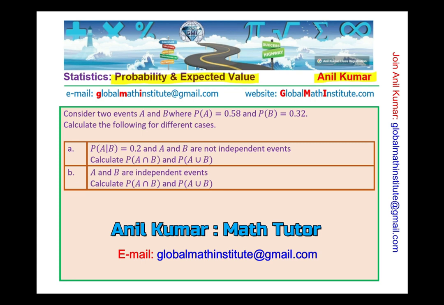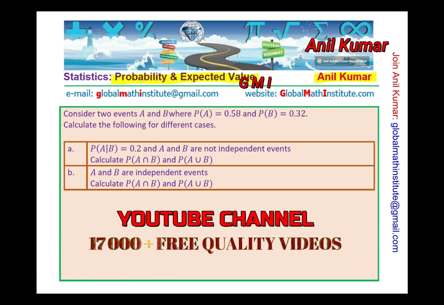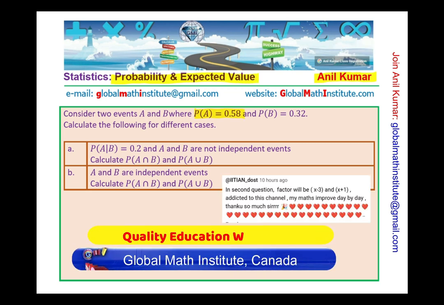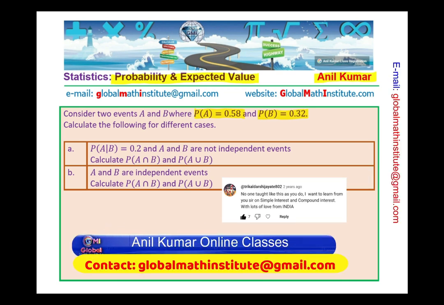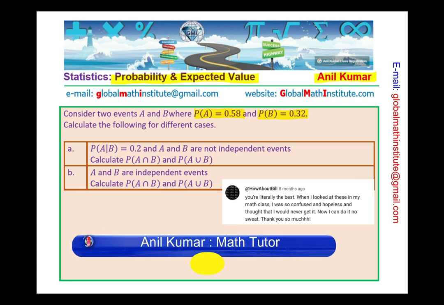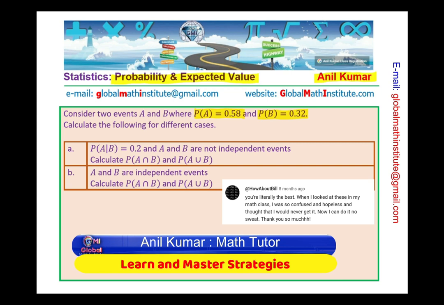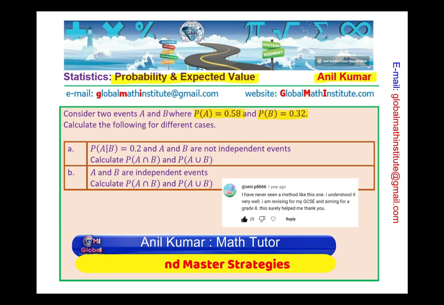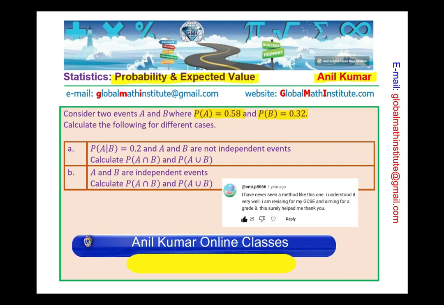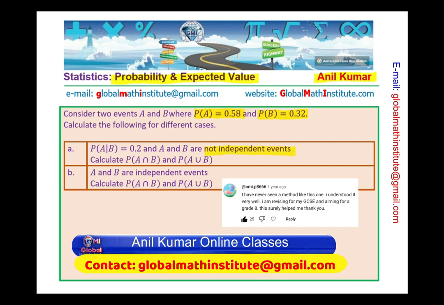The question here is: consider two events A and B where probability of A is 0.58, probability of B is 0.32. Calculate the following for different cases. A. Probability of A when B has occurred, a conditional probability, is 0.2, and A and B are not independent events.